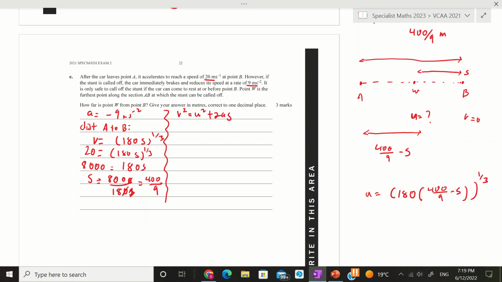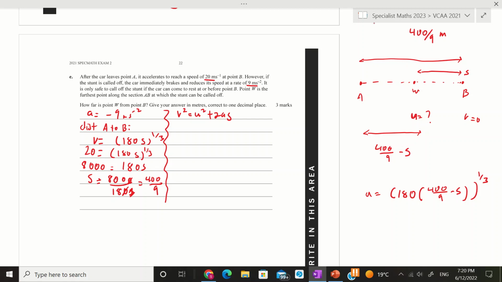If I'm calling the distance between W and B S, then the distance between A and W is 409 minus S. Therefore, if we want to find the initial velocity using the equation we used in the previous question, this 180 S to the power 1 on 3, I can sub in that distance, which in this case is 409 minus S. So 180 times 409 minus S to the power 1 on 3.